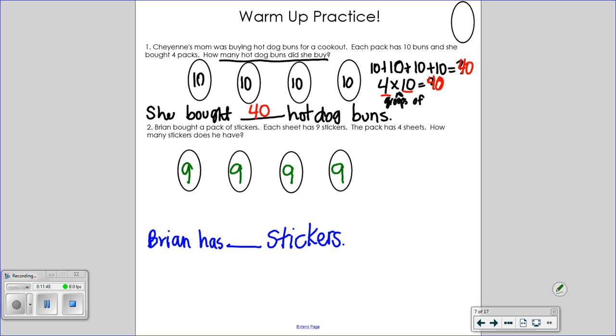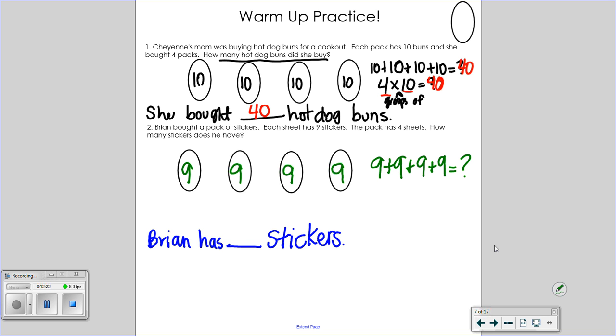We need some math equations now. Let's start with addition, because that's the one we're used to. What is our addition equation going to be, Parker? It's going to be 9 plus 9 plus 9 equals. Perfect. 9 plus 9 plus 9 plus 9 equals question mark. What if I wanted to be super cool, fancy, and do a multiplication equation? What is that going to look like?